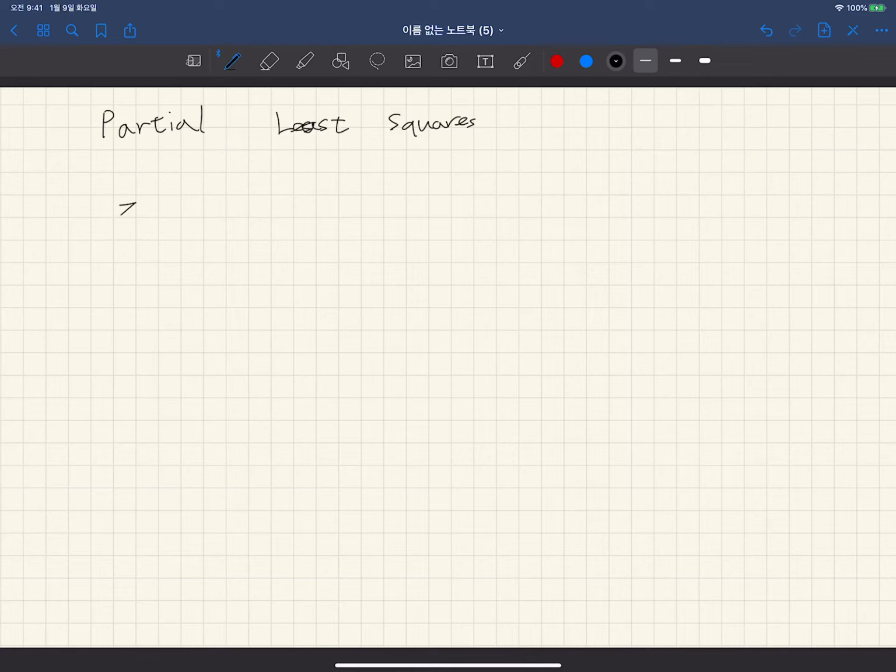Partial least squares first defines Z1 in this way: X transpose Y. This is the first partial least squares reference vector.